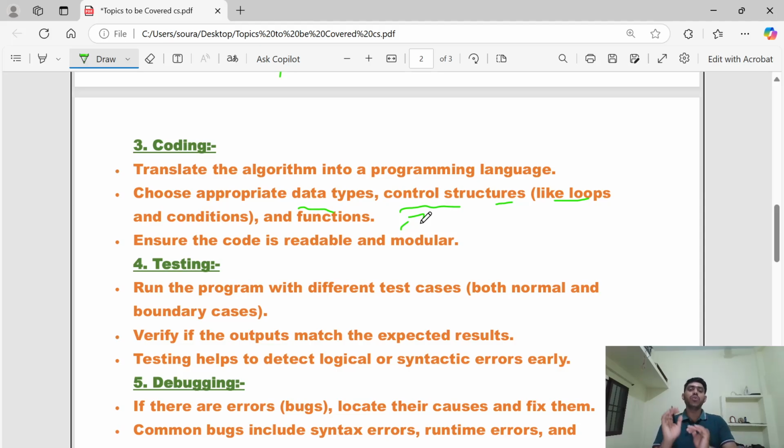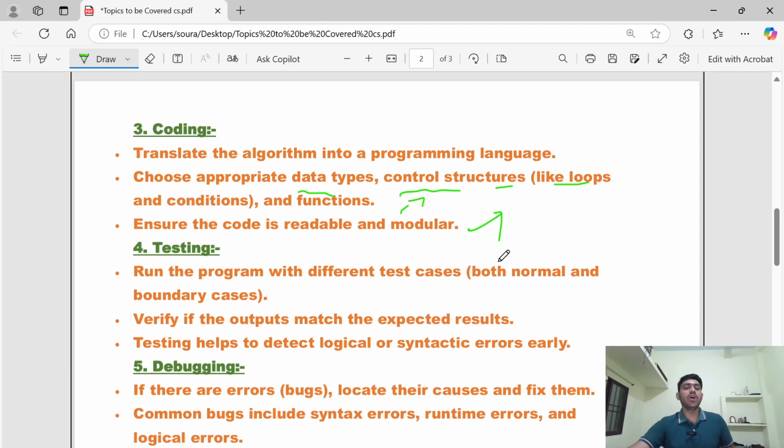When we do the coding successfully by looking at the algorithm, our problem will be solved. Ensure the code is readable and modular. Very important point. Ensure that your code is readable, so that everyone has some sense when they look back at your code, and that it is modular. Modular means it is divided into different smaller parts. That is what coding is.